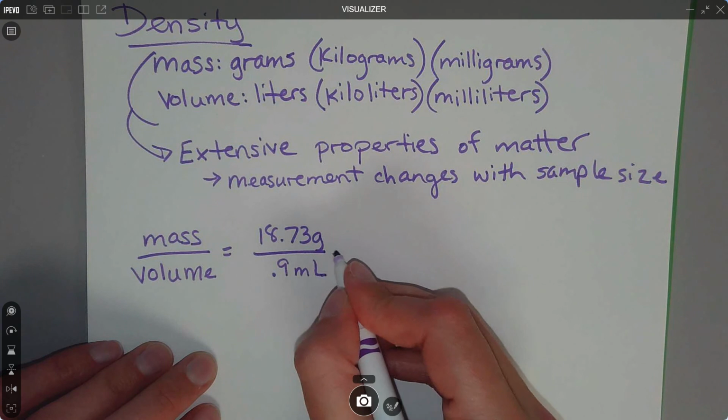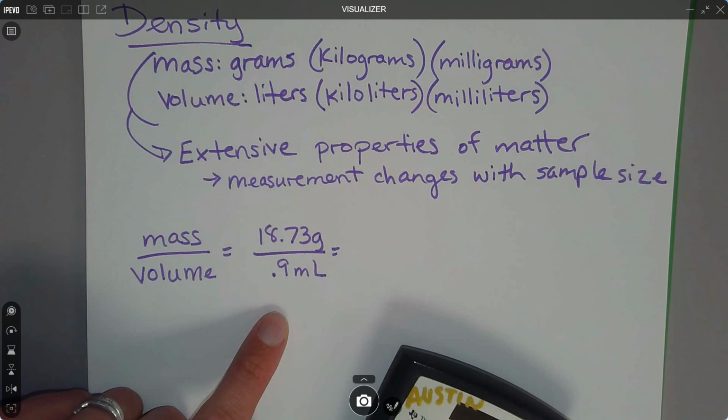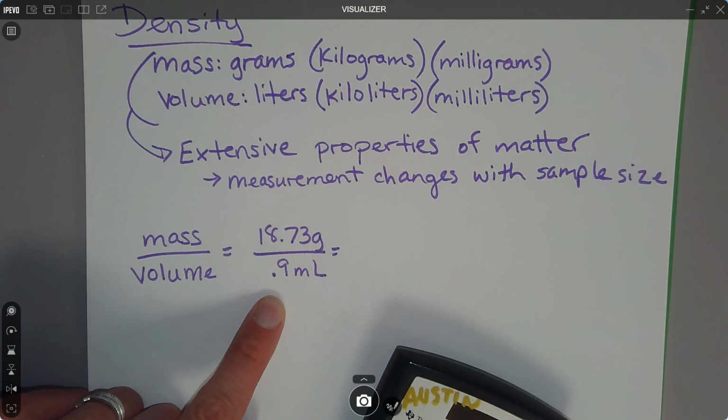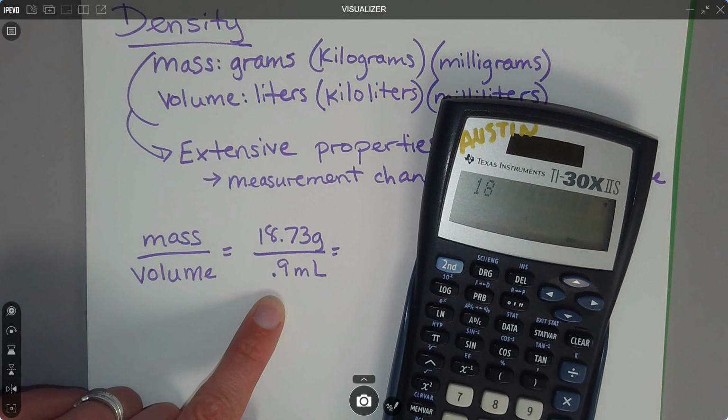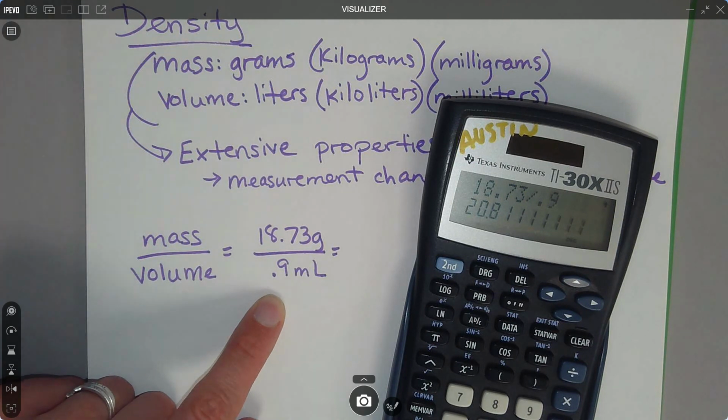Can you stick that in your calculator and divide it? I think you've got some whacked out measurement. I don't think I have anything that dense. Okay. Maybe we missed, but we can still do it as an experiment. 18.73 divided by 0.9. Well, the densest thing on Earth is 22 point something.